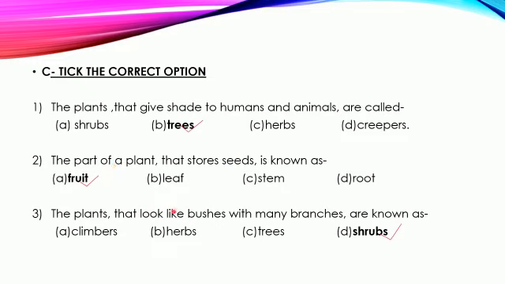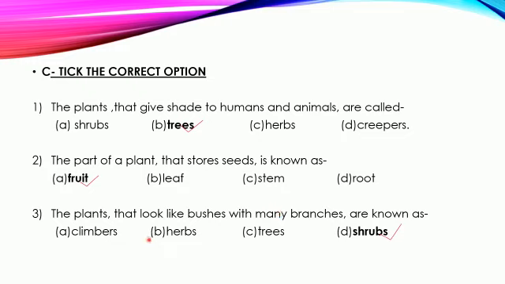The plants that look like bushes with many branches are known as. Are they known as climbers or herbs or trees or shrubs? Who look like bushes with many branches? Yes, the answer is shrubs. Shrubs look like bushes with many branches.